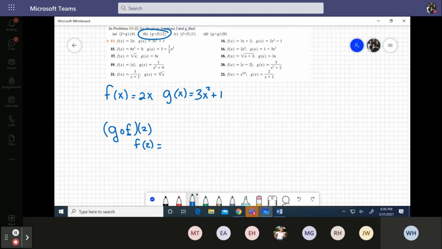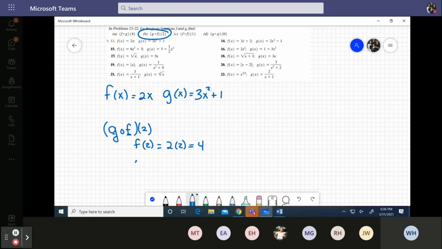So if f of x is 2 times x, then f of 2 is 2 times 2. And f of 2 gives me a 4. Right? So I got my inside. Now I got to plug that into my outside function.